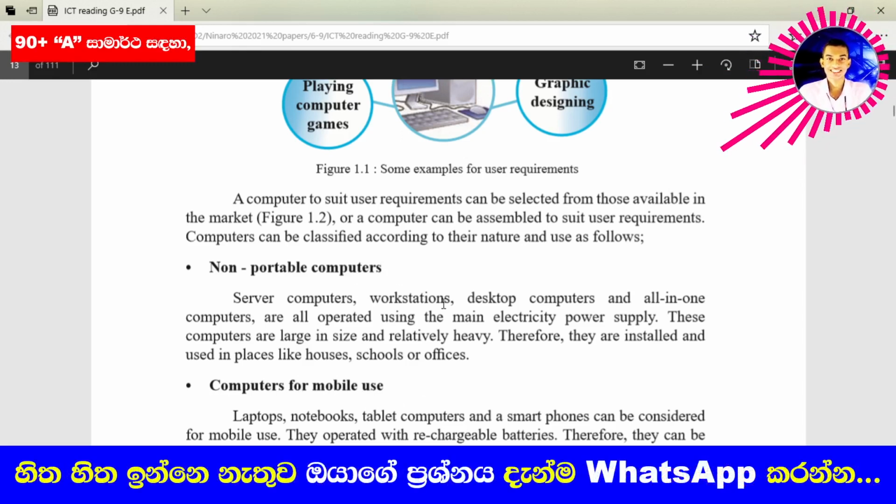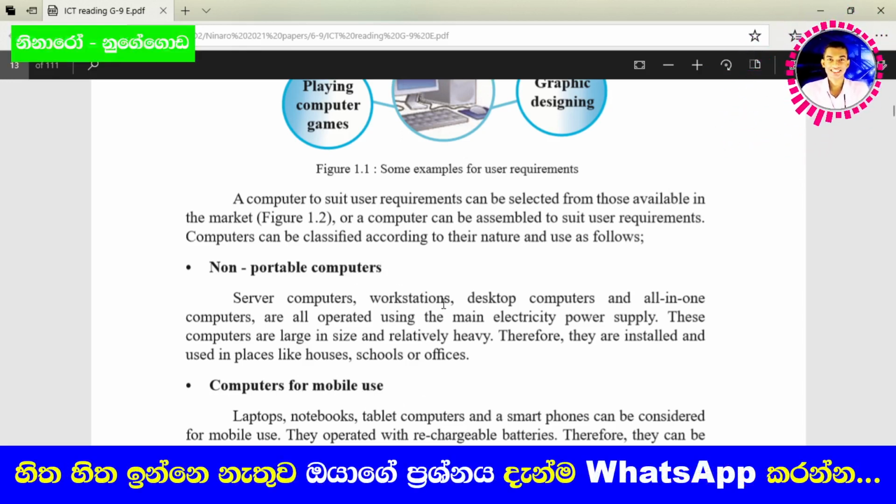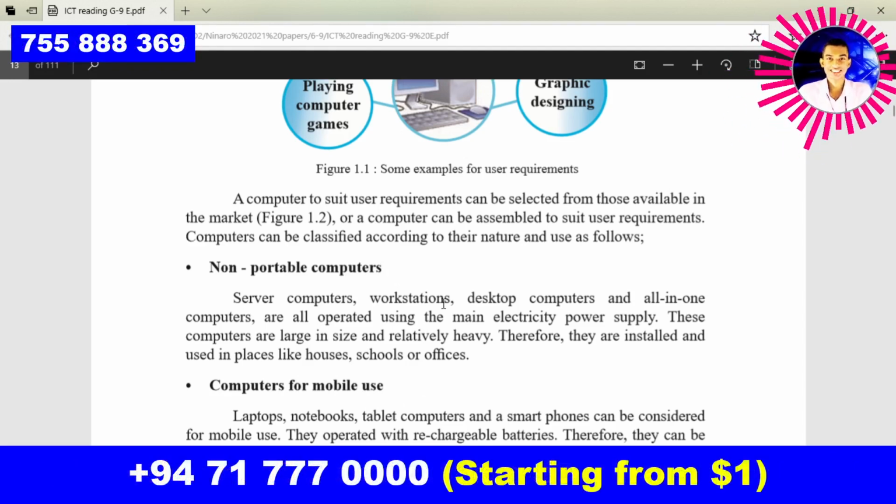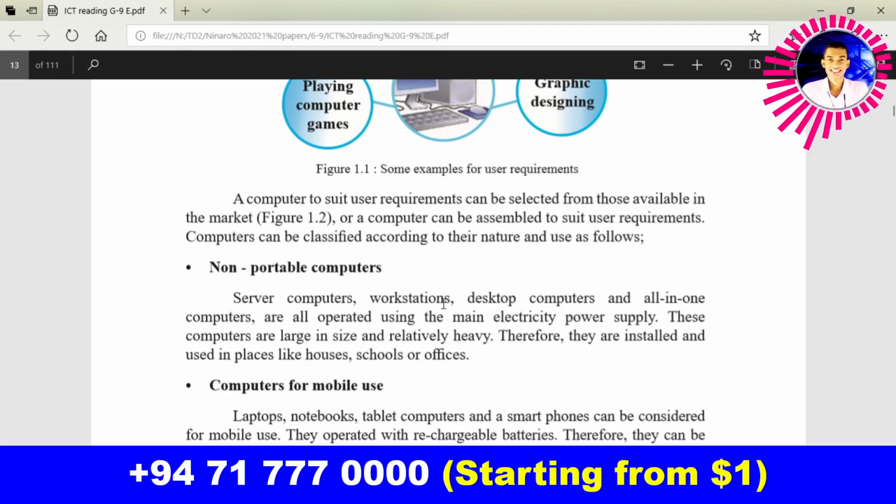Non-portable computers mean that normally we keep that type of computer in one place, not moving it here and there. As an example, if we want to use a computer in our home or in our office, we can use a non-portable computer.